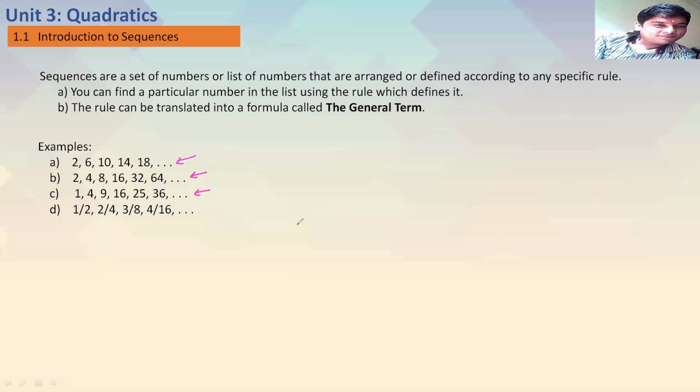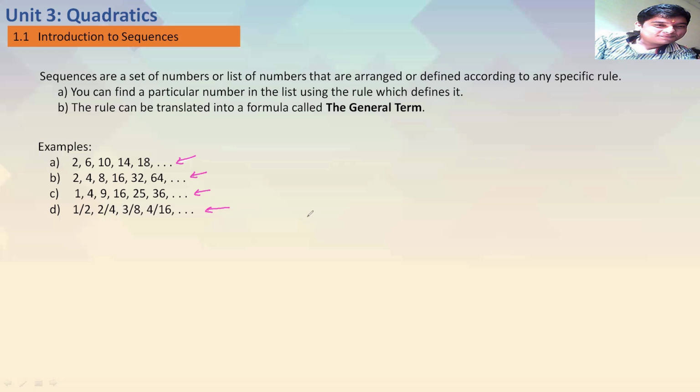We are squaring the term number, okay? One square, two square, three square, four square, five square, six square. And what are we doing in this one? What do you notice? They're fractions with numerators increasing by one, denominators multiplied by two. Absolutely.